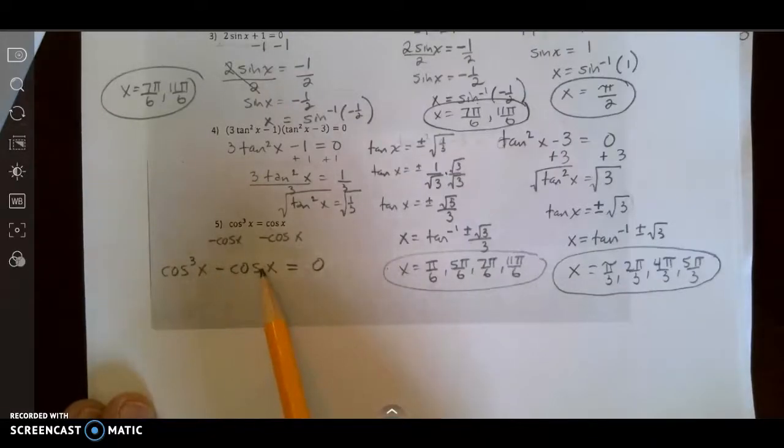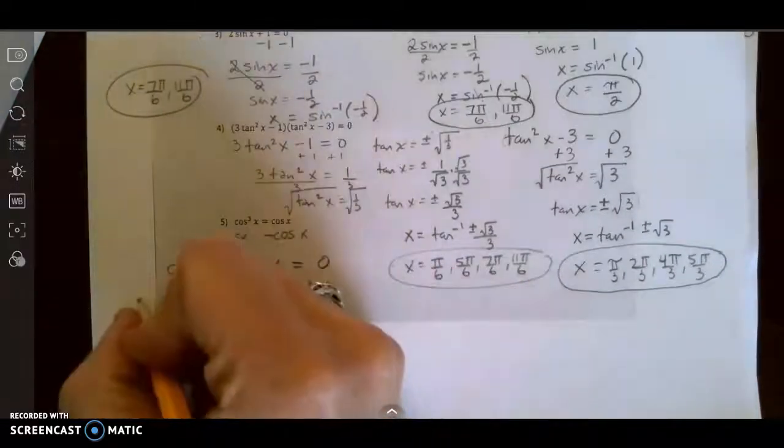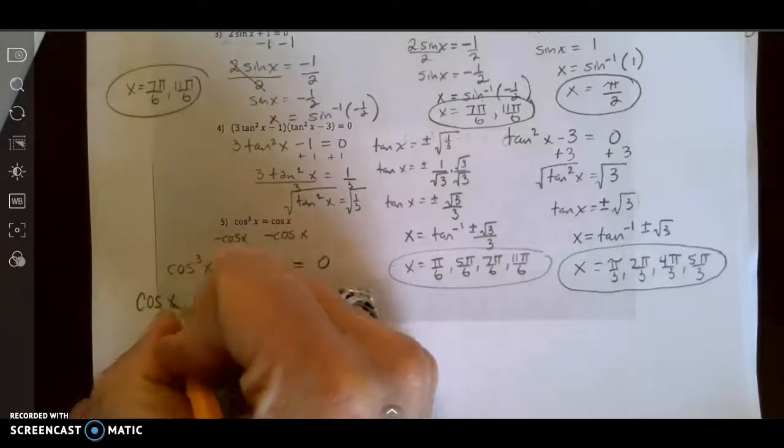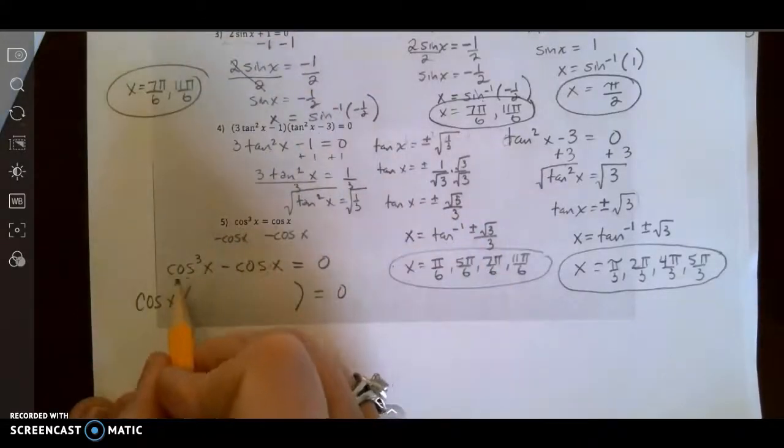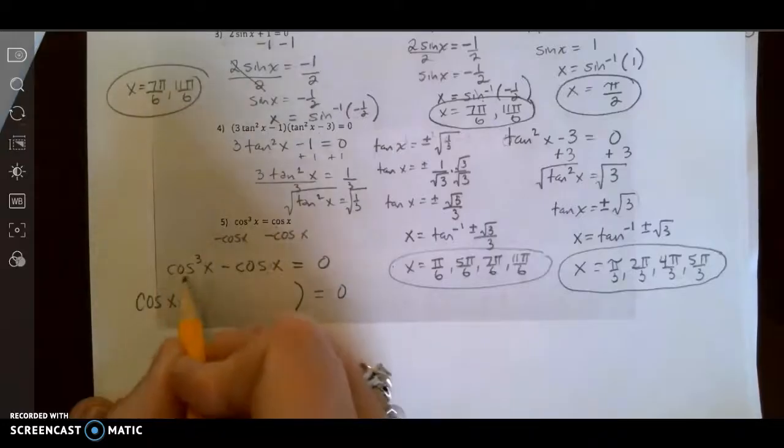When you did learn how to factor, the very first kind of factoring you learned to do was look for if they have anything in common. It was called the GCF, the greatest common factor. Both of these have a cosine of x in them. So if I factor out the cosine of x, I'm pulling it out to the front.